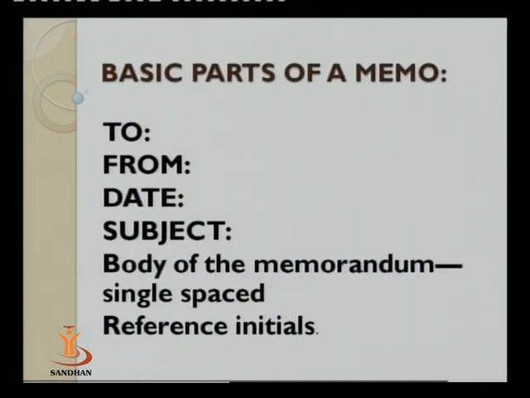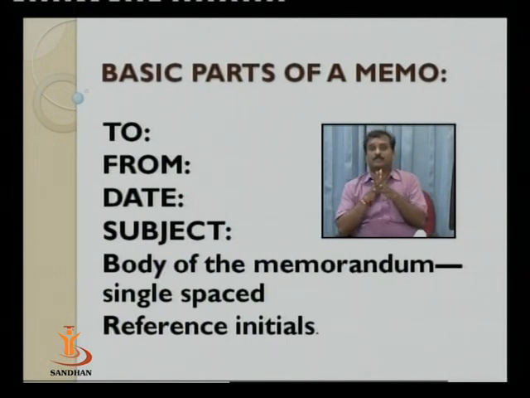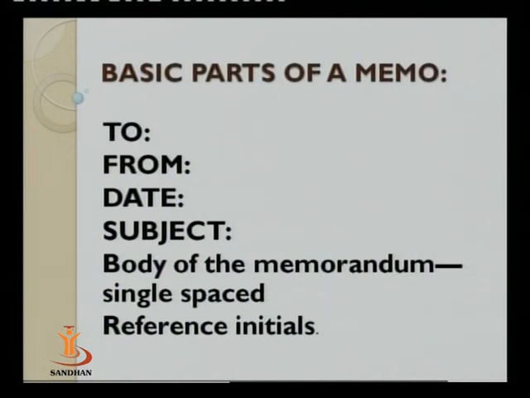Now, when we talk about the basic parts of the memo, what are the basic parts really needed to form a memo? First is to whom the memo is addressed, the name of the person to whom the memo is written. Then follows from whom it is sent, that comes second.